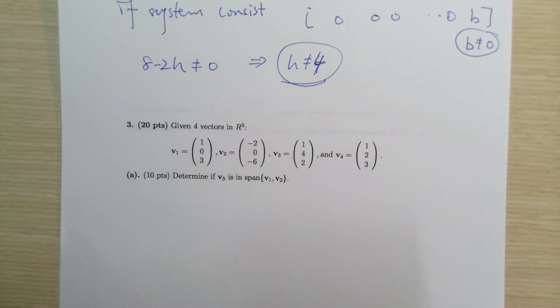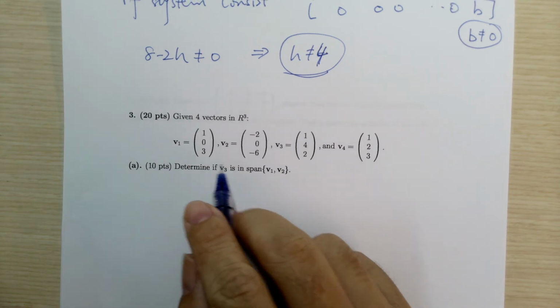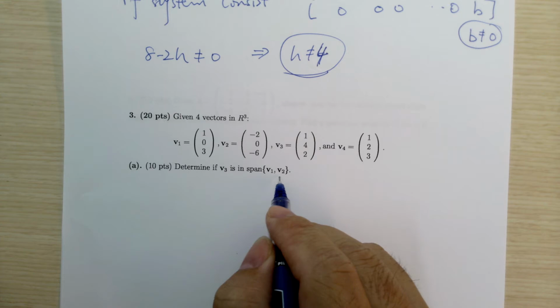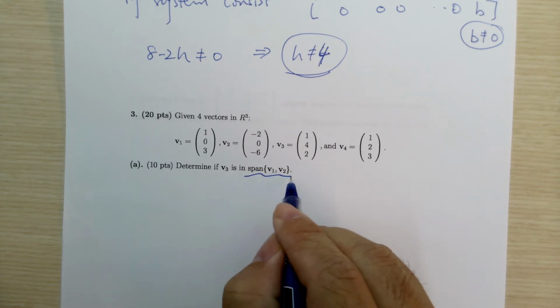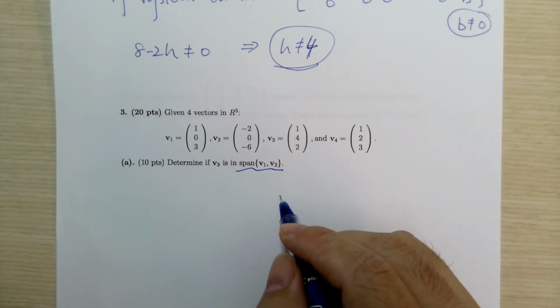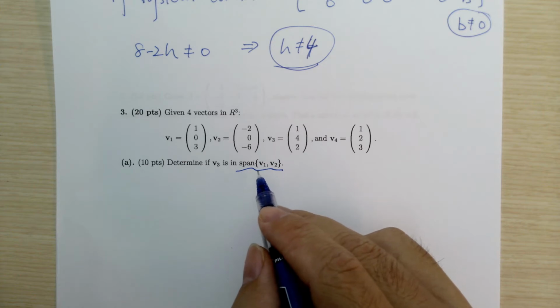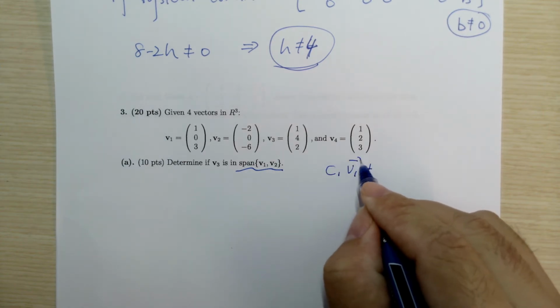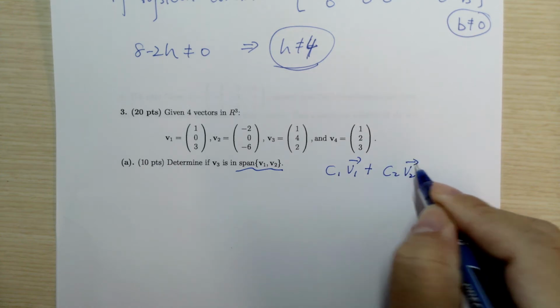Alright, problem 3. Given 4 vectors v1, v2, v3, and v4, determine if v3 is in the span of v1 and v2. The terminology span means it's the set of all the linear combinations c1 v1 plus c2 v2, right?